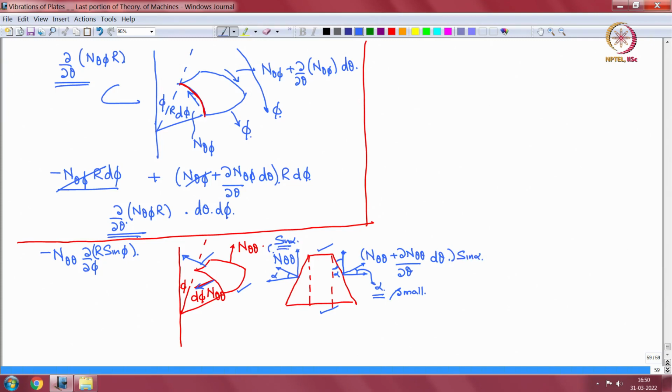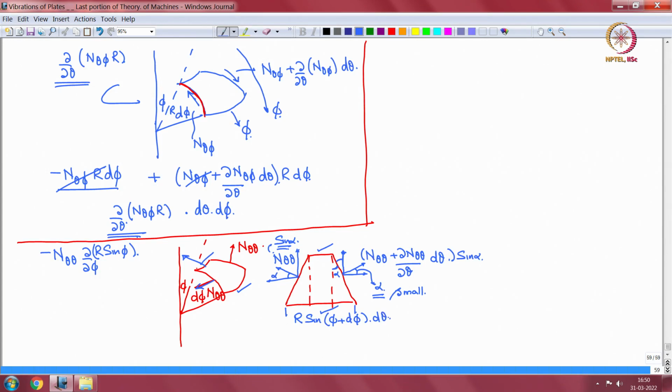So what is alpha? This length now is r times sine of phi plus d phi, d theta.